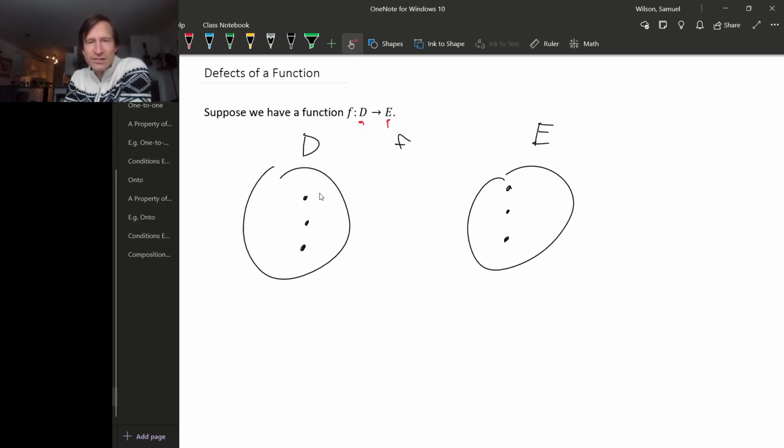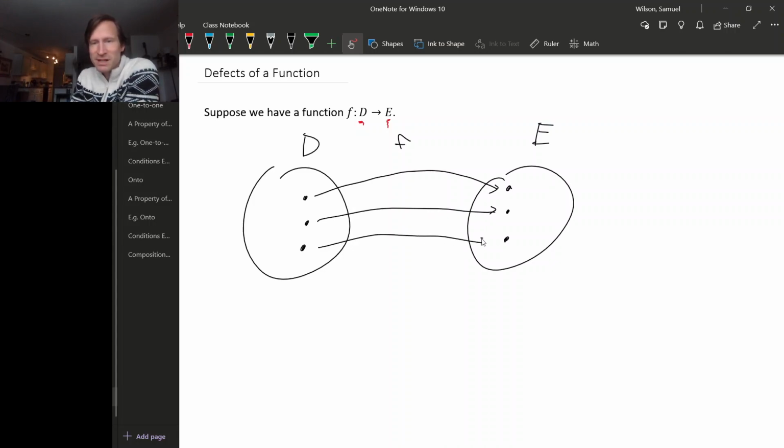So f is basically some collection of arrows that tells you which item in the codomain is assigned as a value to each item in the domain. And when everything is working nicely, it might look something like this.